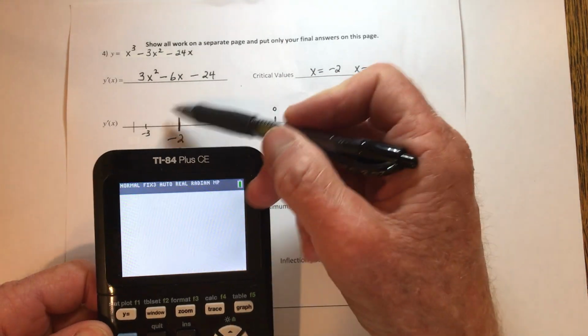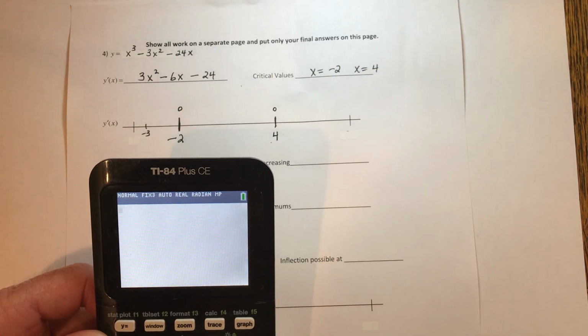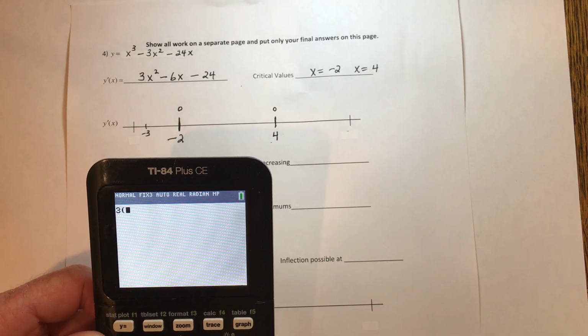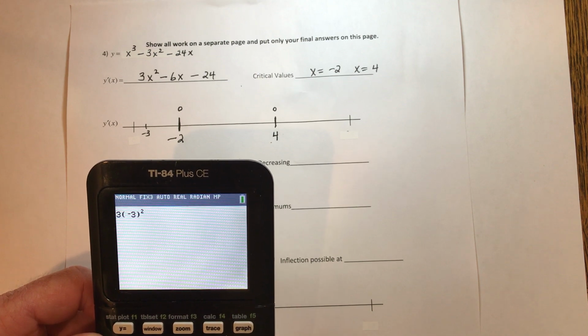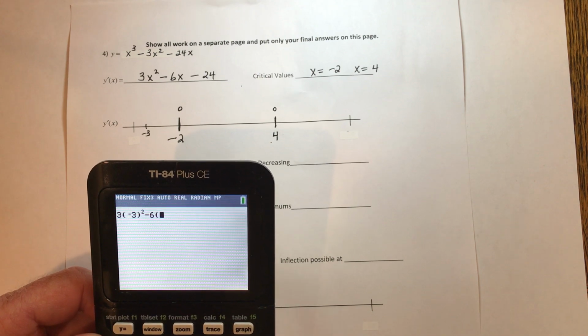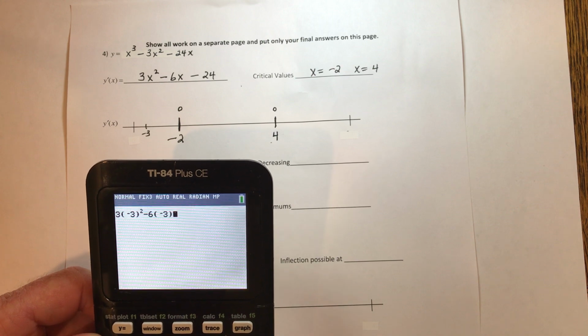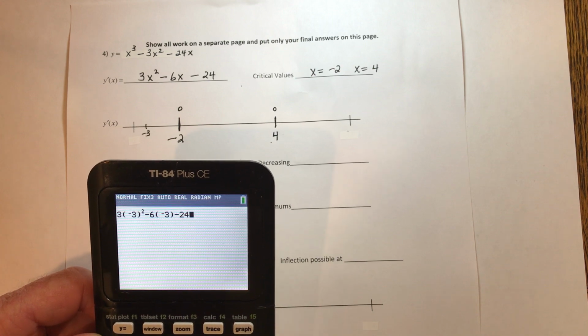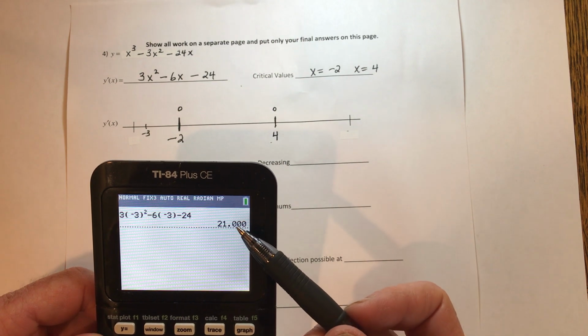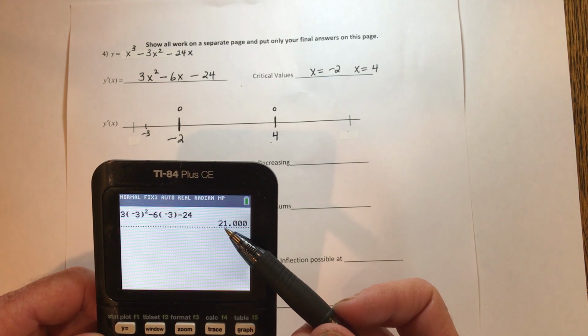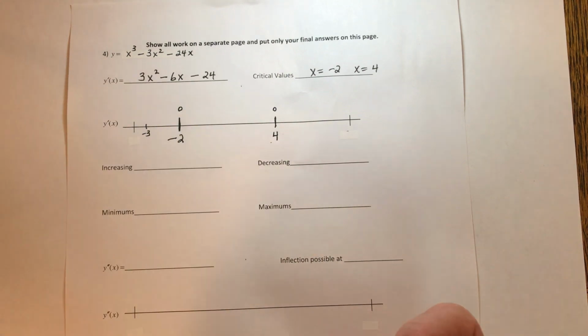Okay, so for the derivative, substitute a negative 3. So 3, and then I'm substituting a negative 3, that gets squared, minus 6 times a negative 3, minus 24. So it's a positive number. The 21 itself isn't all that important. I was just looking to see, is it positive or is it negative?